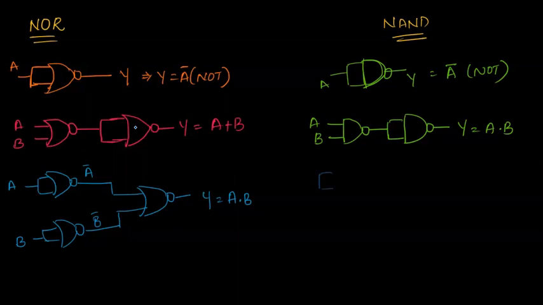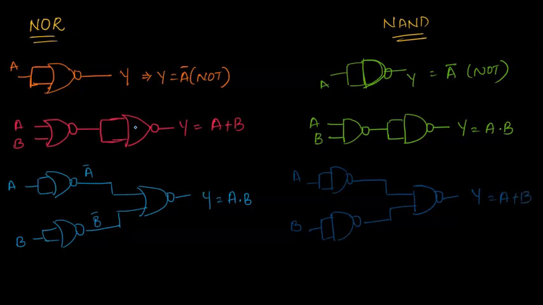Here also we are going to short the input, A, B. This will go to NAND and the output will be Y equal to A plus B.